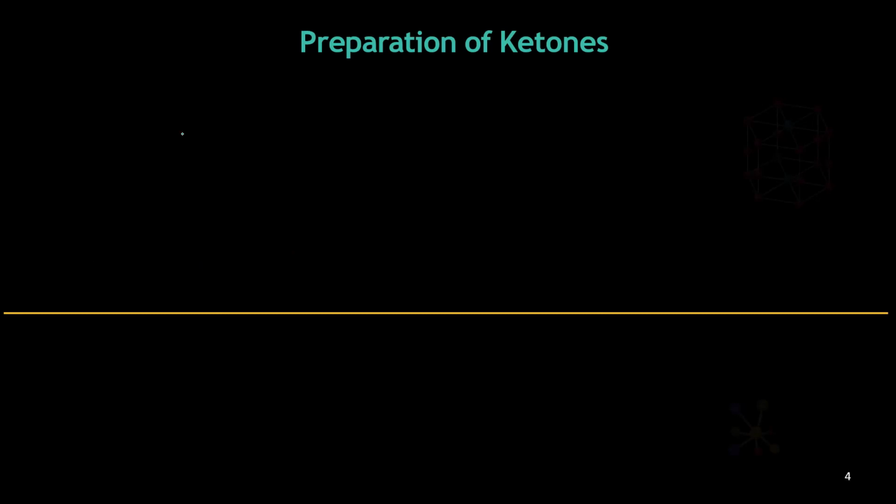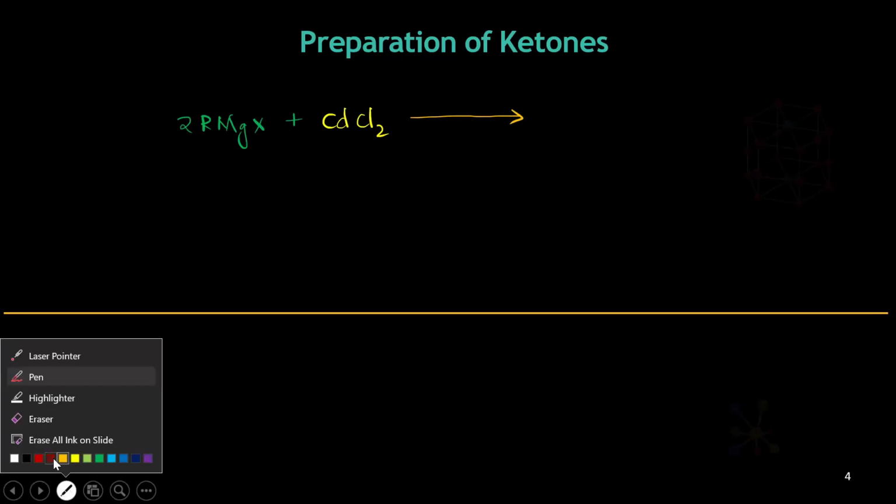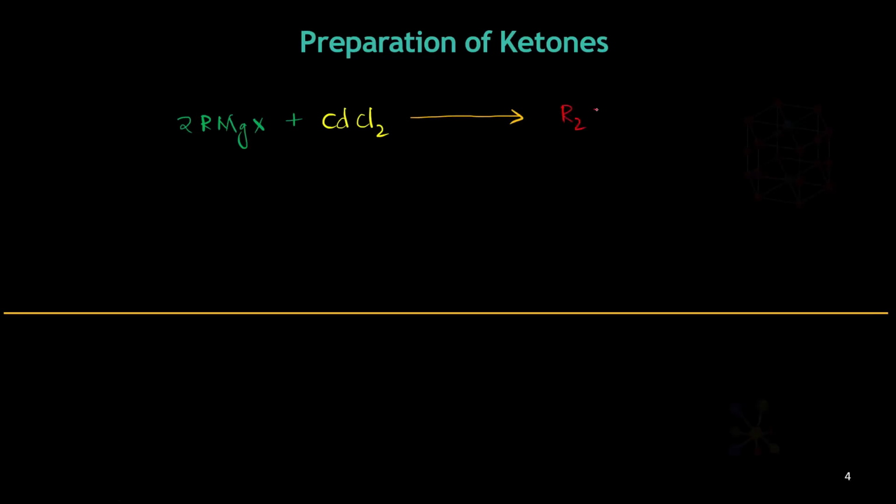So let's see. You see here, 2RMgX. This RMgX is nothing but the Grignard reagent, and CdCl2.